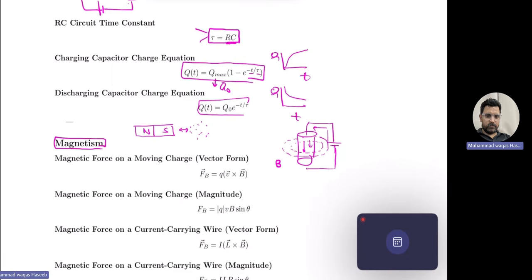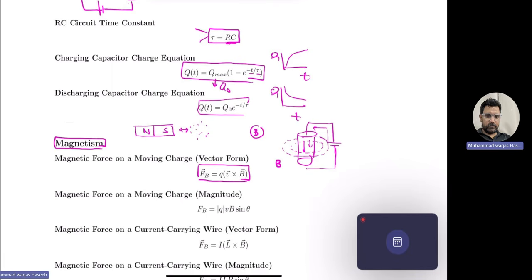When you put a moving charge in a magnetic field, it experiences a force. B is the magnetic field produced in this form, and when you place a moving charge, it experiences a force, which is this.